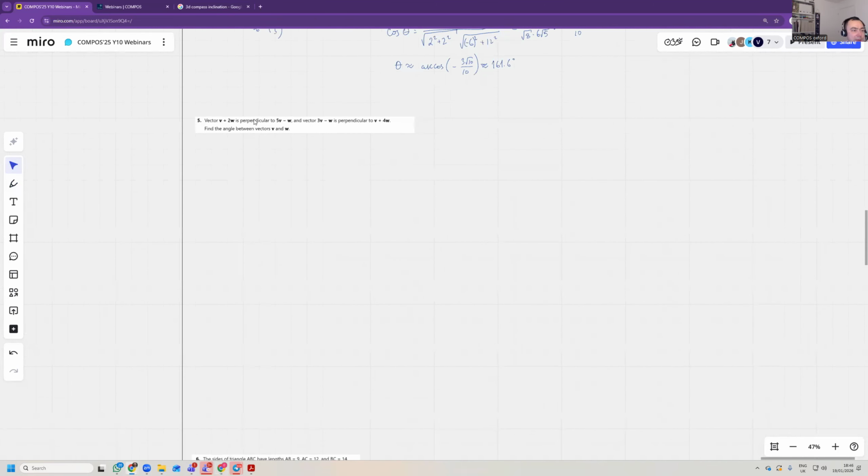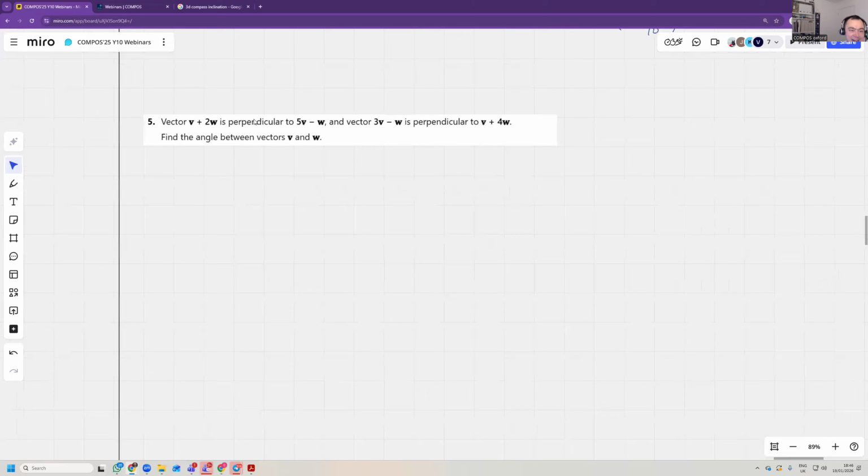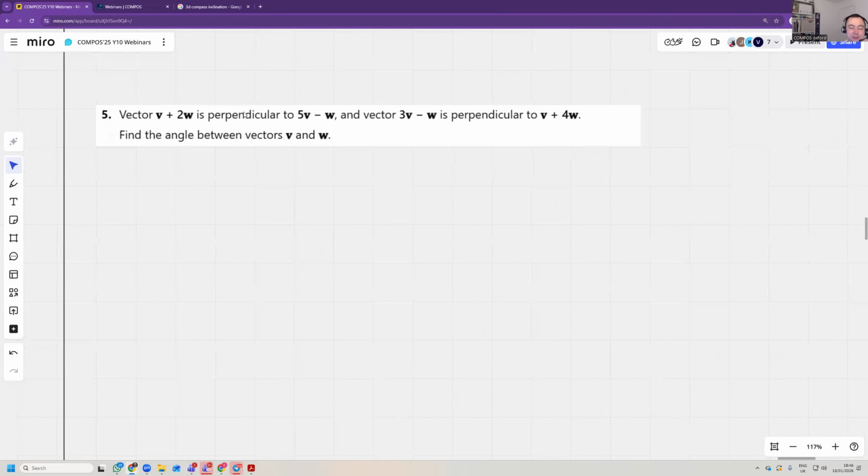Similar to problem 9, but I sort of messed up because this problem doesn't have a solution. I will show you why it doesn't have a solution, but hopefully you'll understand the method that I'm using.